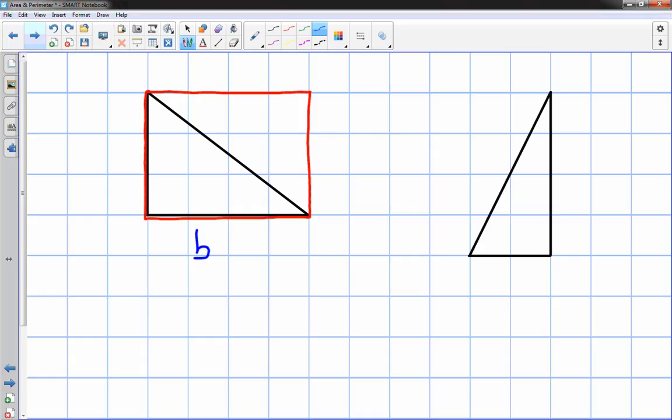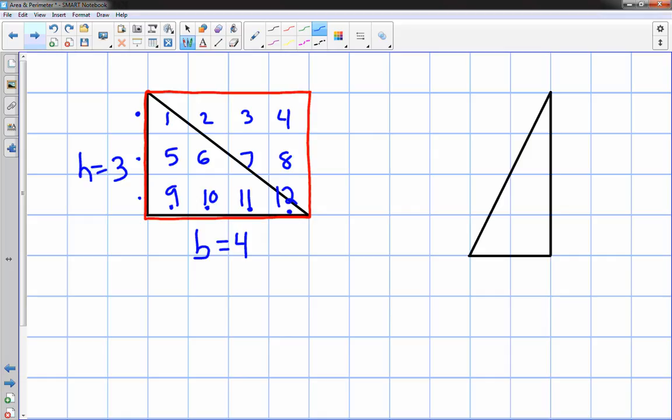So the base of this triangle has a length of 1, 2, 3, 4. The base is 4. There's a height of 1, 2, 3. It's a height of 3. So if I were to multiply 4 times 3, I'd get 12 squares. But that triangle is not covered by those 12 squares.